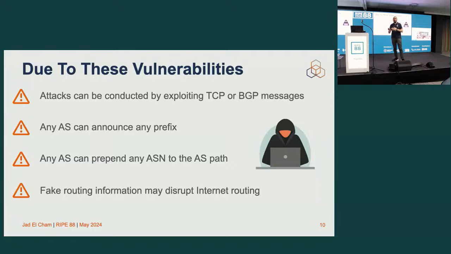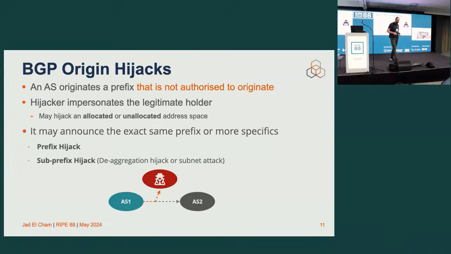Or we can change the path. So this is what we talk about, prepending an AS path, modifying an AS path, etc. And things get worse because if there's something wrong happening between me and a certain neighbor, there is a very high probability that this misinformation or fake information will be spread on the internet, and then we start talking about regional outages or global outages.